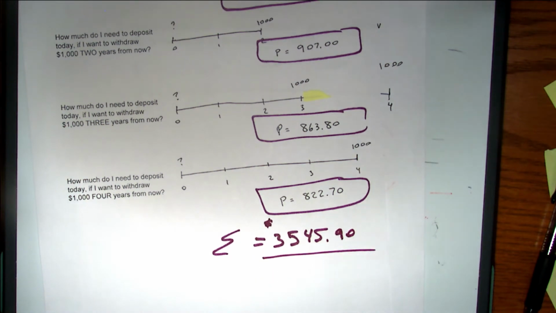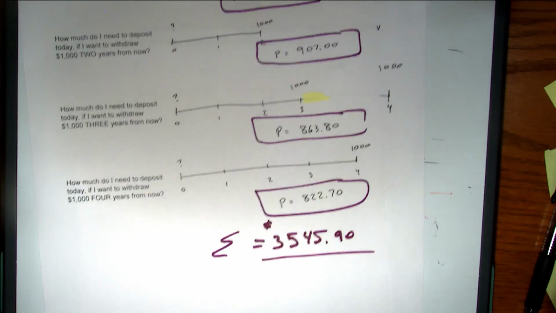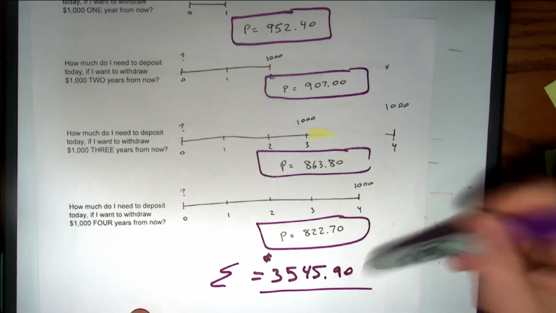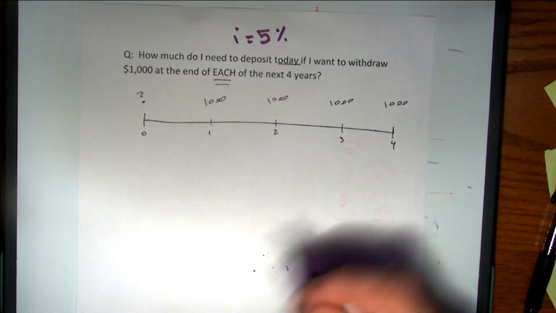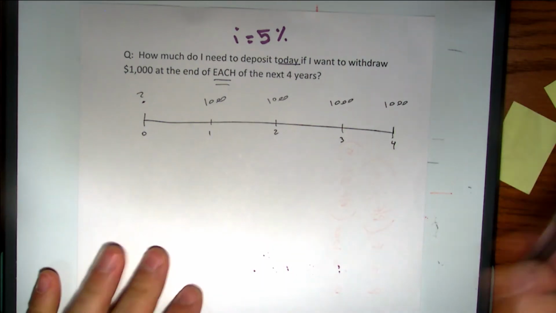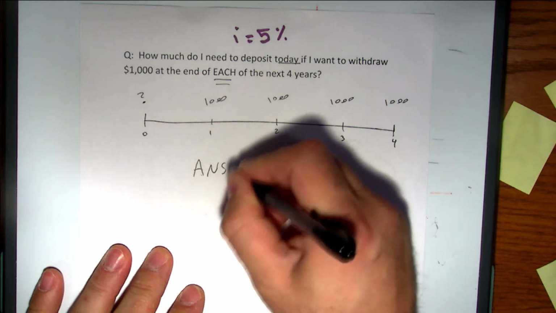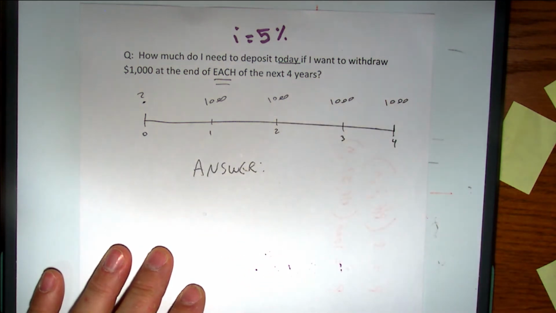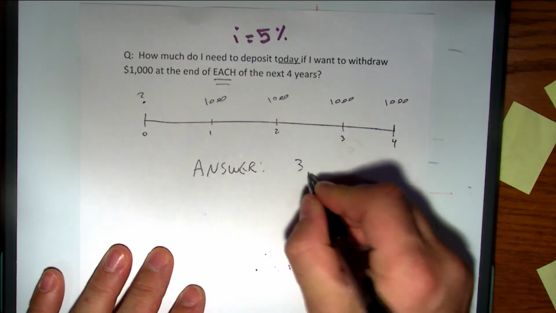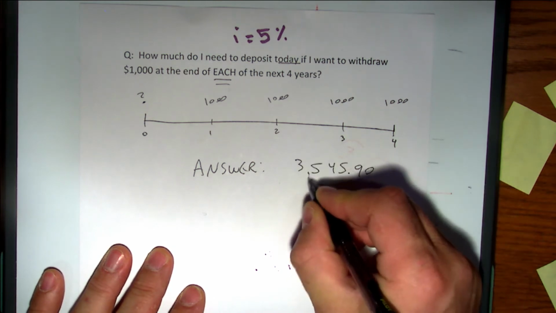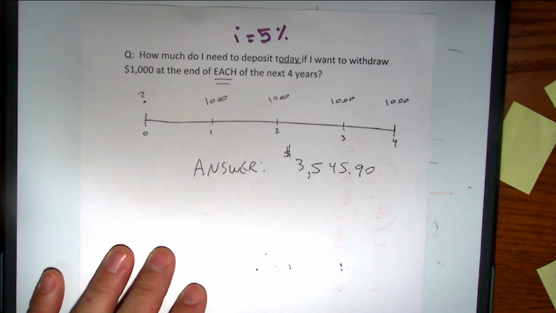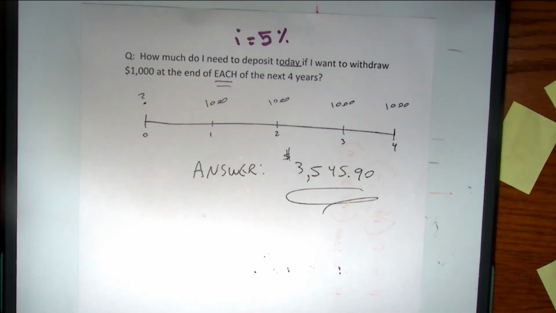Okay, that's what I got too. The sum of these four numbers is 3545.90. So the answer to this question is 3545.90. Cool? Does that make sense why that's the answer?